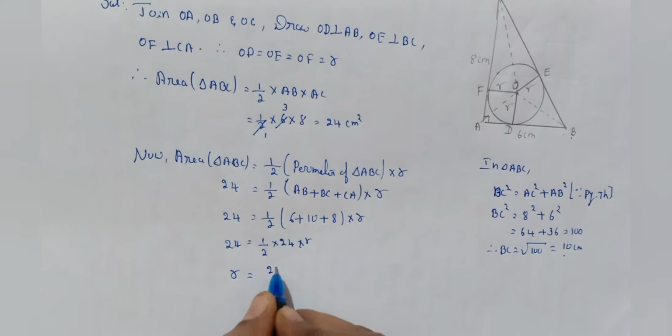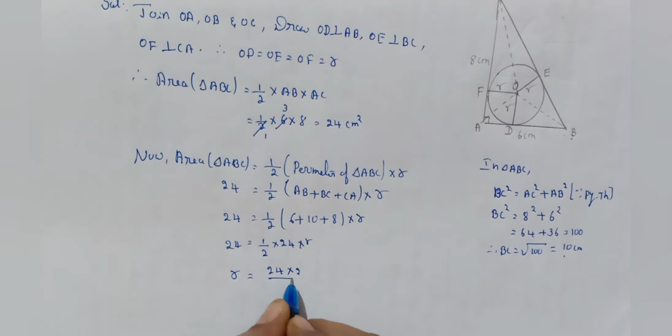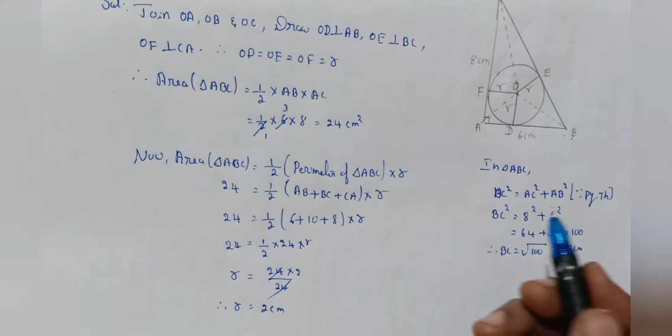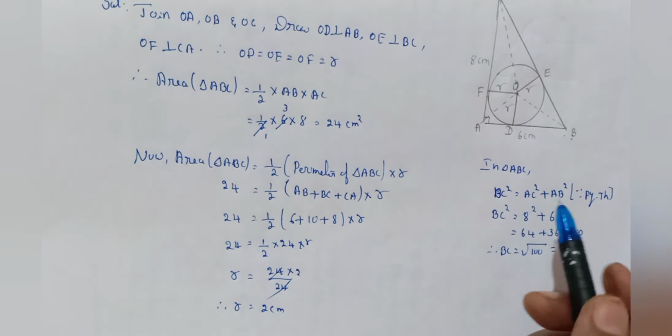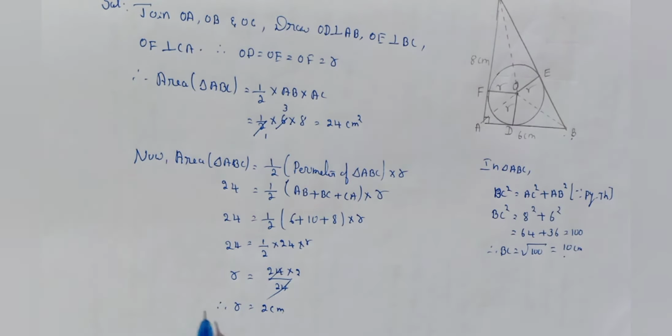R is equal to 24 into 2 by 24. Cancel this 24. Therefore R is equal to 2 centimeter. So the radius of the inscribed circle is 2 centimeter.